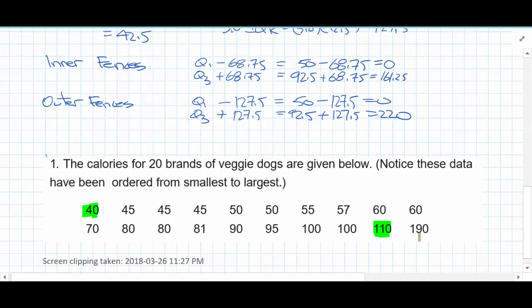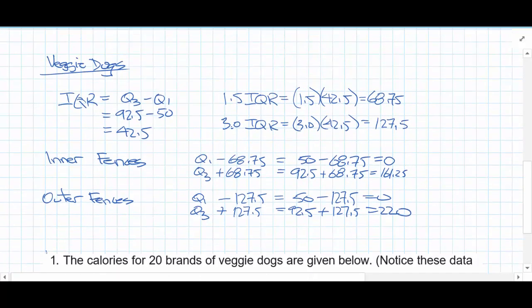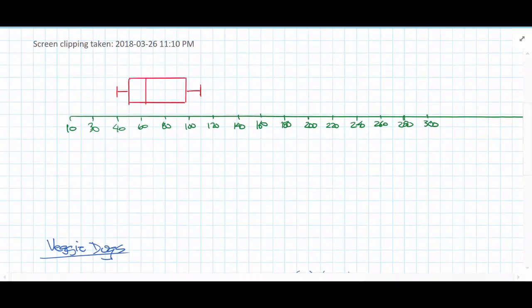So the value 190 lies between the inner fence and the outer fence, so it is a mild outlier. So 110 is the upper whisker in our box plot, and the data value 190, way out here, I'm going to indicate by an asterisk.